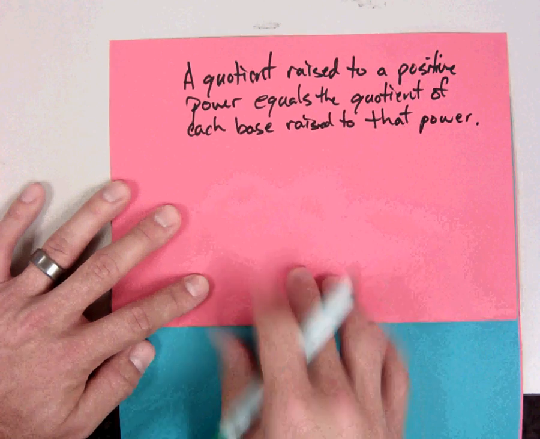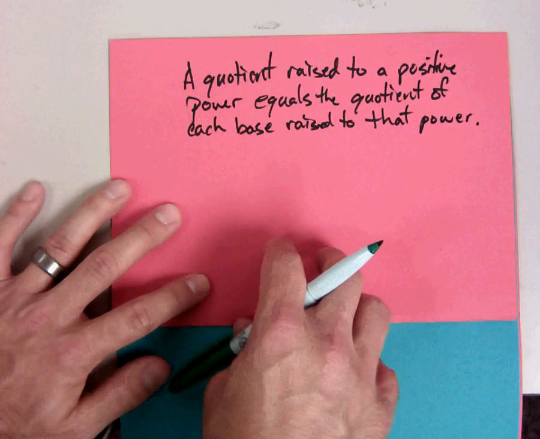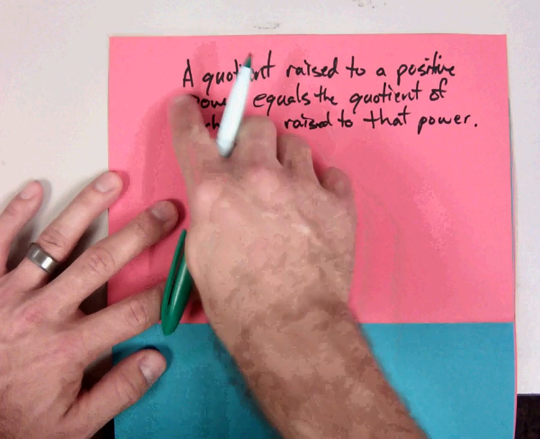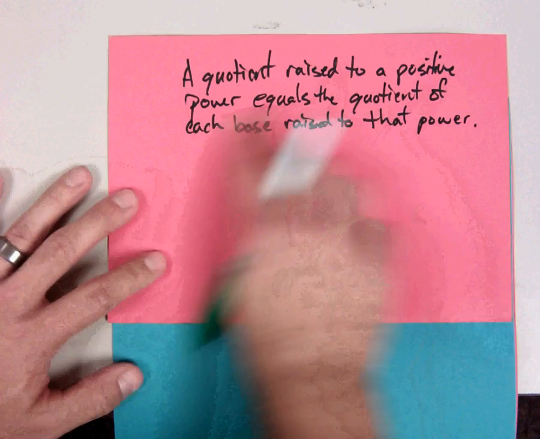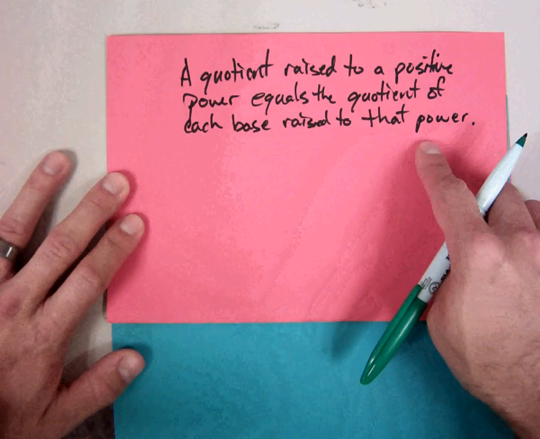Just remember, quotient means division, so quotient to us right now is going to really stand for a fraction. A quotient raised to a positive power equals the quotient of each base raised to that power.